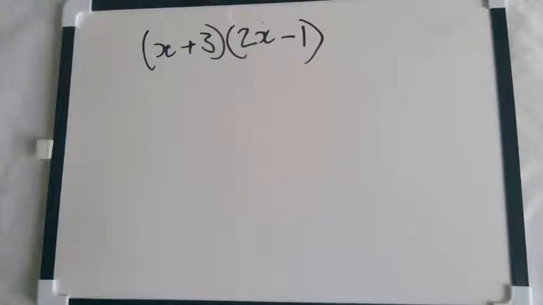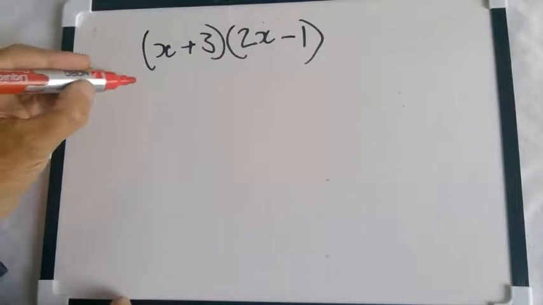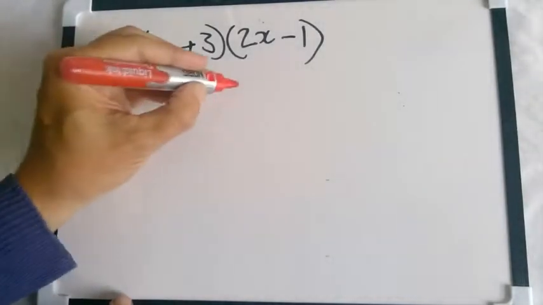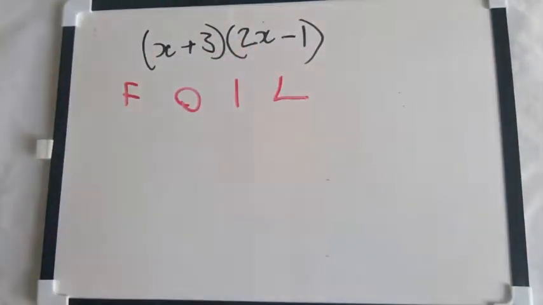So the technique for when it says simplify or break the brackets is we use this thing called FOIL. There are a few ways of doing it, but let's just use FOIL. F-O-I-L.